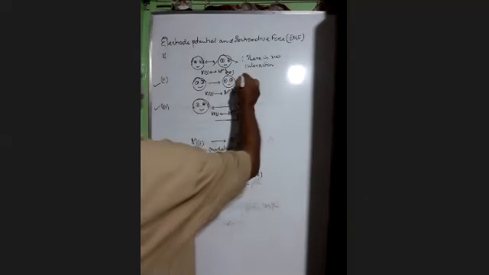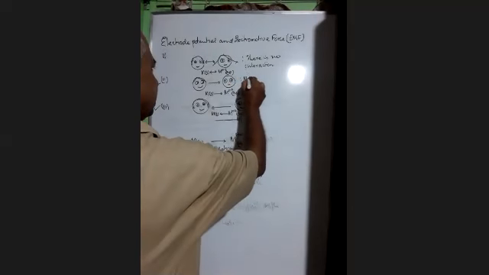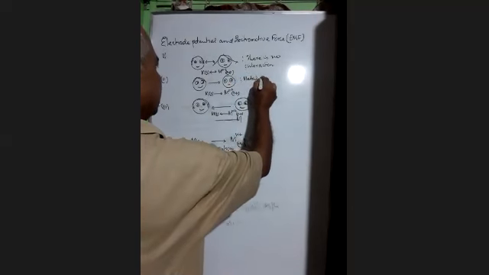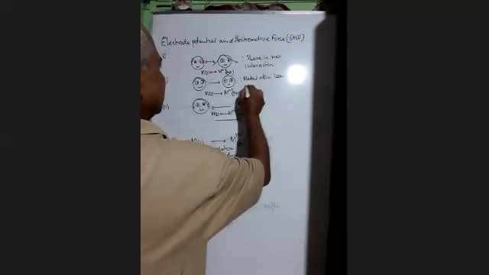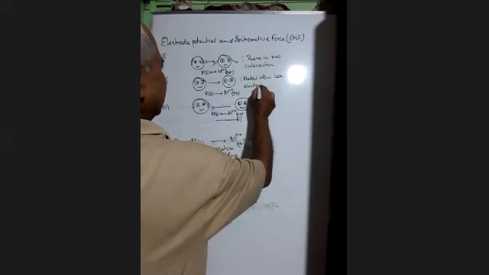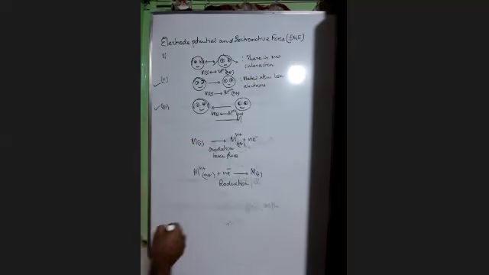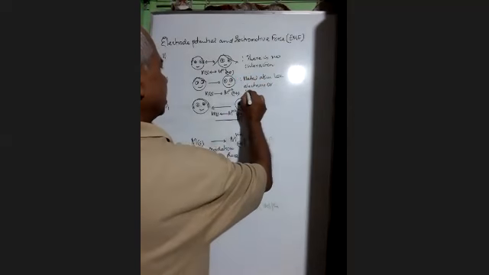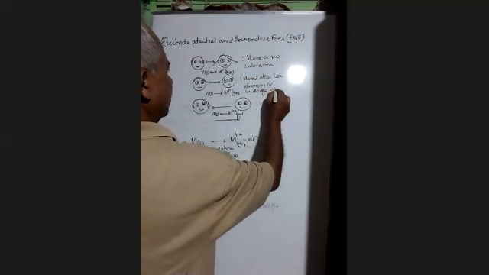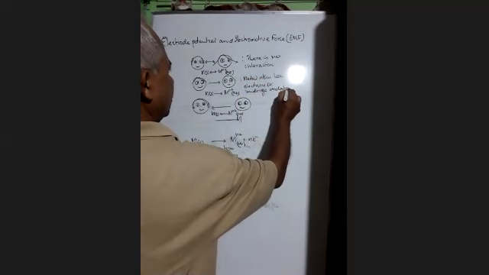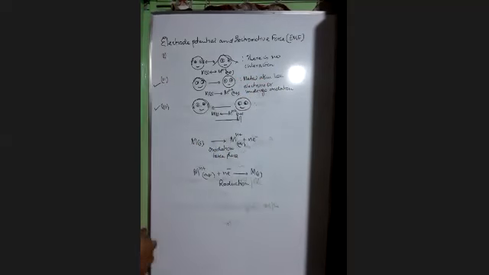What happens in the second case? The metal atom loses electrons or undergoes oxidation.